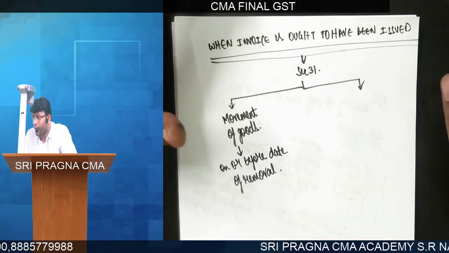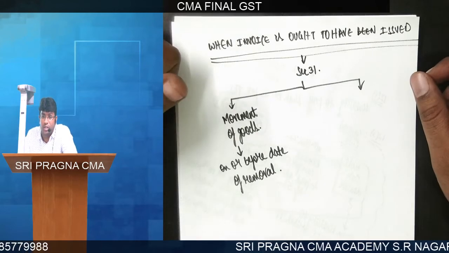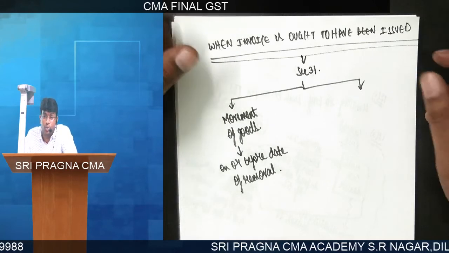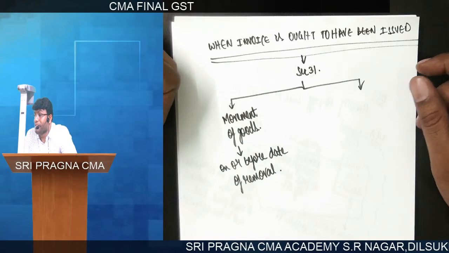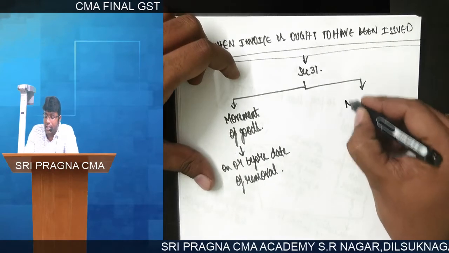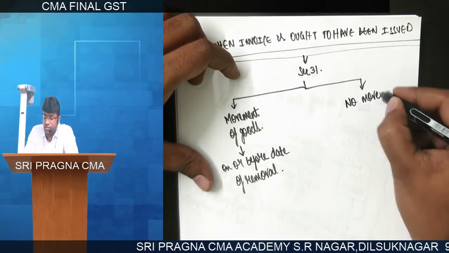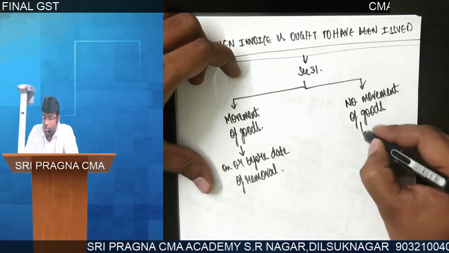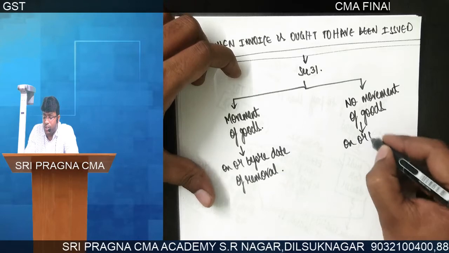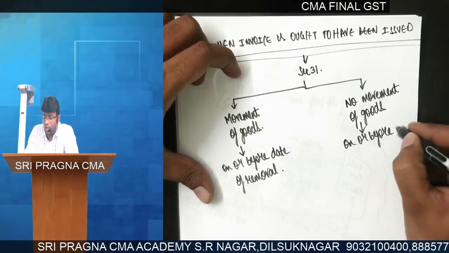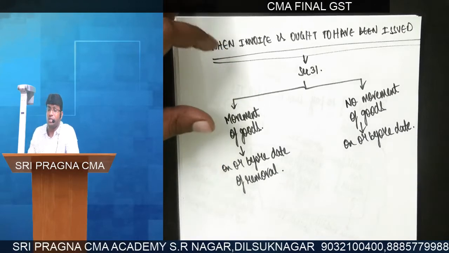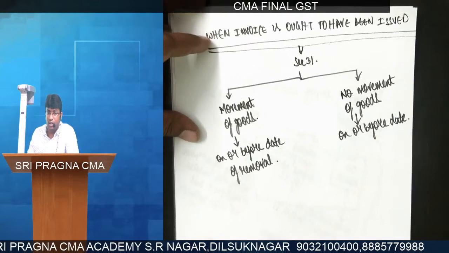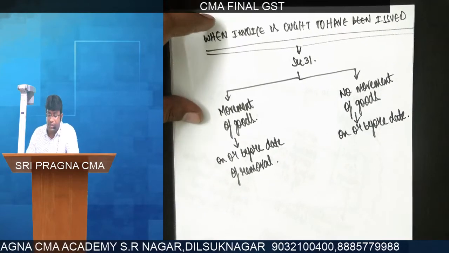So when they are removed, at that time invoice must be accompanied by that. Invoice must go along with the goods. On or before the date of removal. And in case where there is no movement of goods, invoice must be issued. Example, I sold you some furniture at some place and that is not being physically given to you.